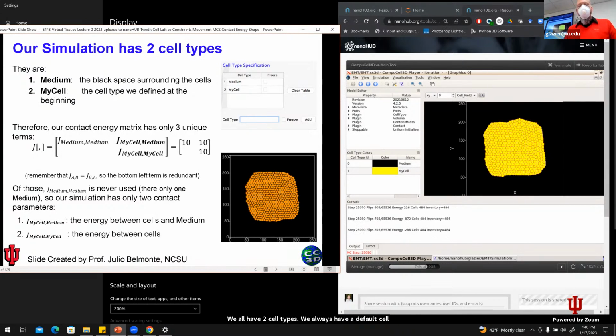And then we're going to have our single cell type, which we call MyCell. And that means that I have in principle three possible contact energies. The energy between medium and medium, which actually doesn't do anything because I only have one medium cell. The energy between cell and medium, which is the energy of the boundary of the cell or this aggregate, and the energy between cells and cells. And so there really are only two energies that matter: the cell-medium energy and the cell-cell energy.